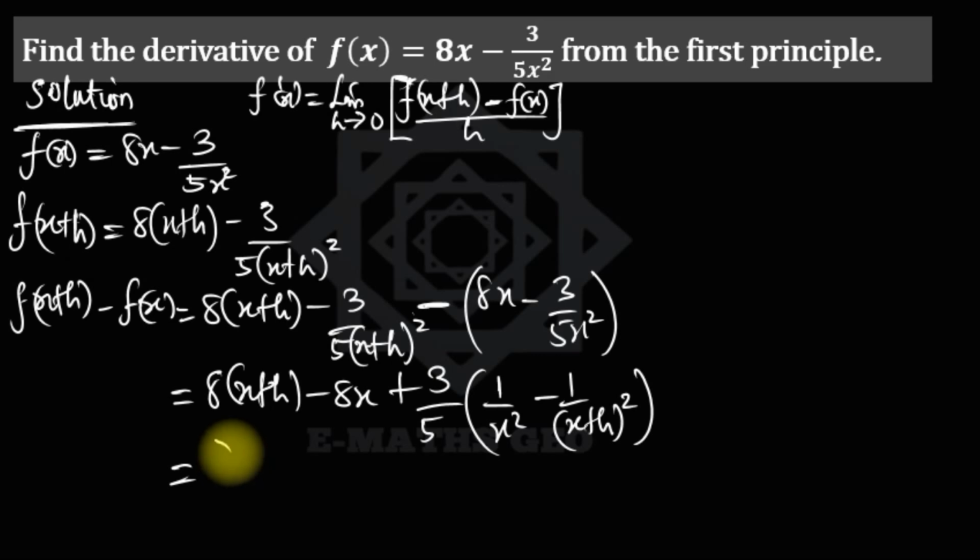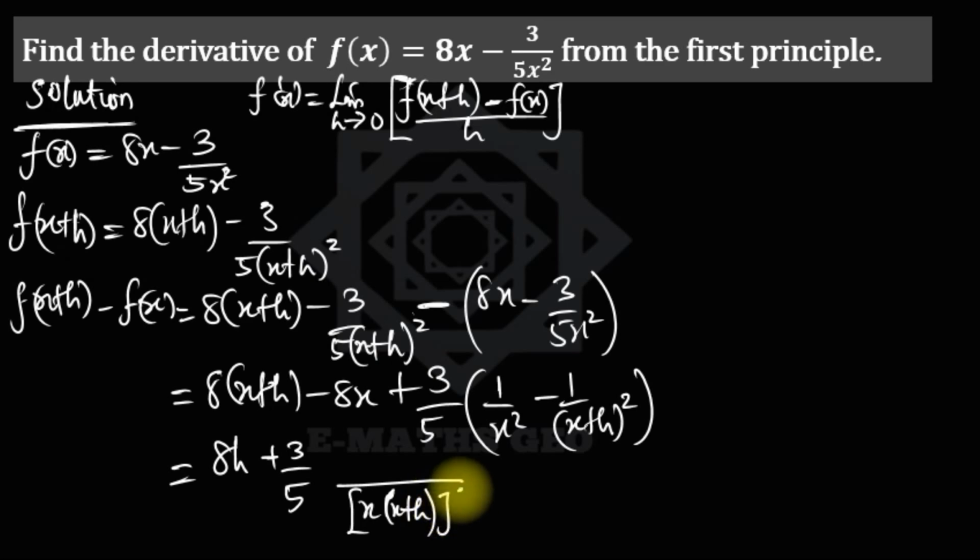We are left with 8h plus 3 over 5 of the LCM, which is x times x plus h all squared. Do you get it? This is x squared times x plus h all squared. The LCM is this, while the numerator is x plus h all squared minus x squared.